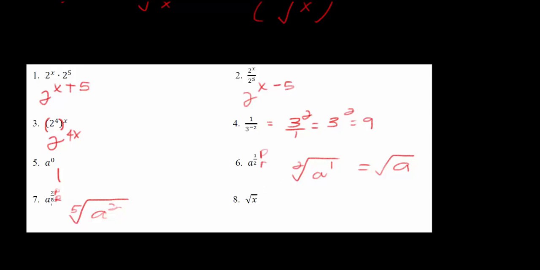Remember 5 was the root and 2 was the power. Well, this has a power of 1 and a root of 2, so I could write it as x to the 1/2 power if I needed to.